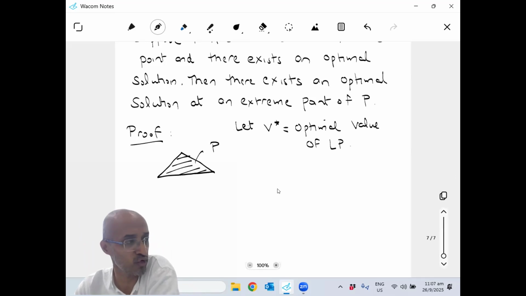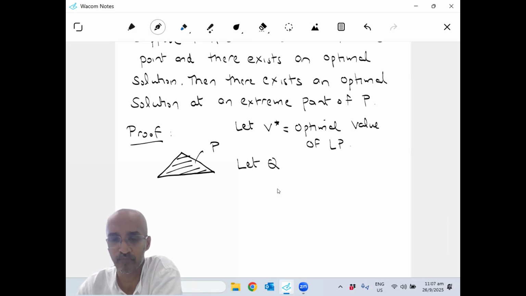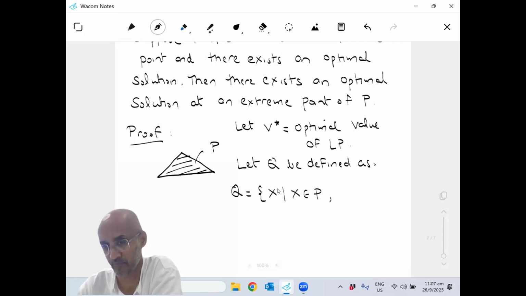I'm going to now define a new set. Let Q be defined as all x such that x lies in P and the objective function at the point x is equal to V star. Remember, V star is a fixed number now.